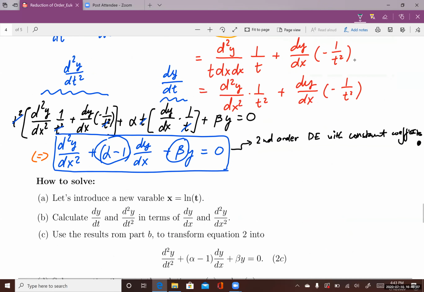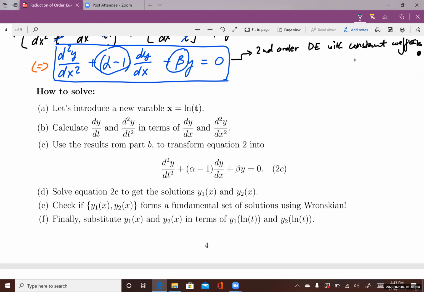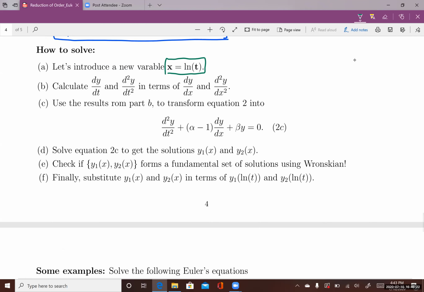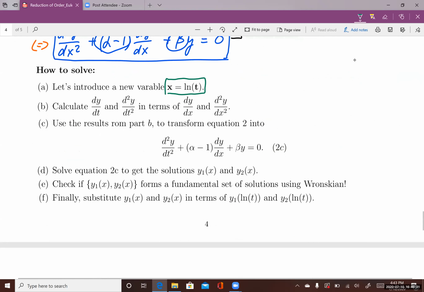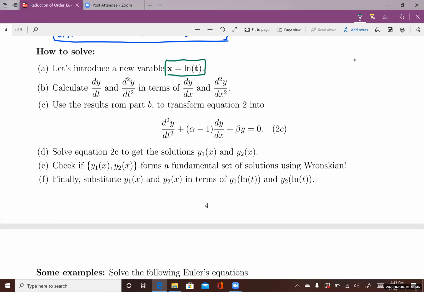To summarize, this is the method on how to solve Euler's equations. First you want to introduce a new variable, x equals the natural log of t, and then you transform Euler's equations into an equation in terms of y and x instead of y and t.